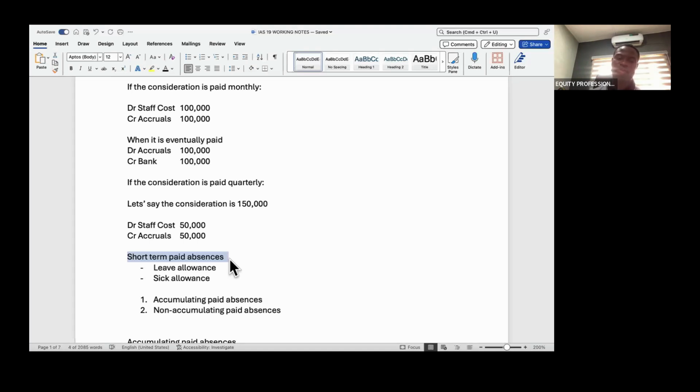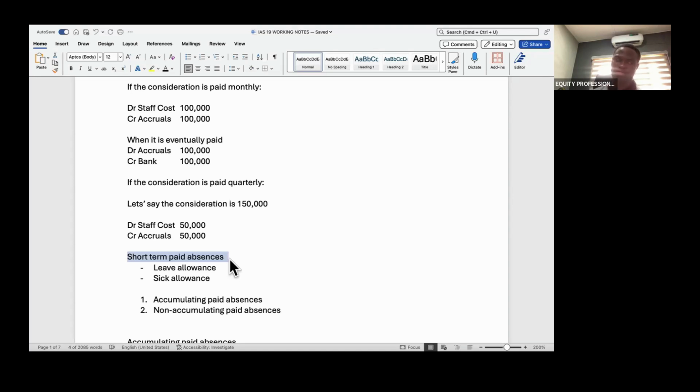How do we account for such short-term paid absences? We said, first, it depends on whether that paid absence would accumulate or is non-accumulating. If it's going to accumulate, it means that even if the employee does not get that allowance, that paid absence this year, you can carry it forward to next year.